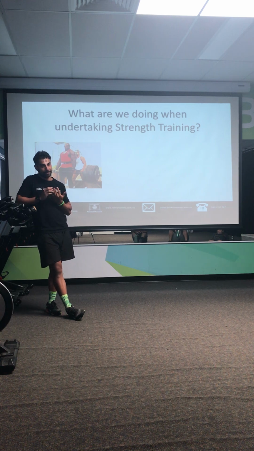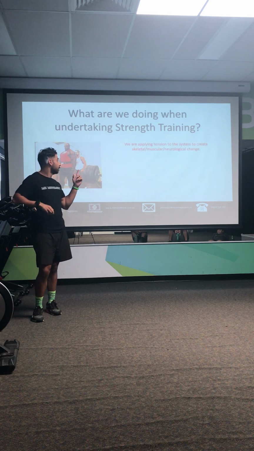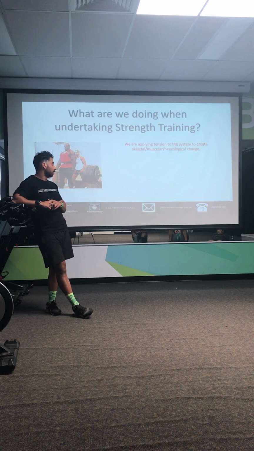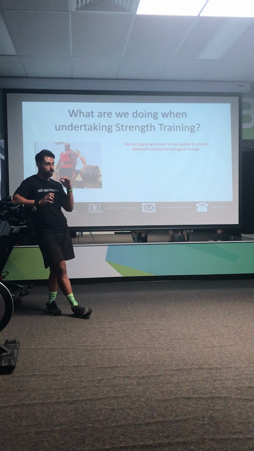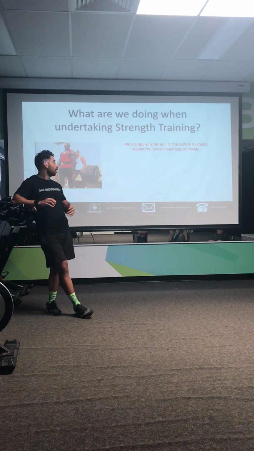Recruiting muscle fibers, time under tension. Cool. All right. So there's one key word that Zach used, and I think Charlie might have said it, is we're applying tension to the system to create skeletal, muscular, neurological change. That's essentially what we're doing. So when we're getting someone to apply force into something, we are getting them to apply tension to the system.